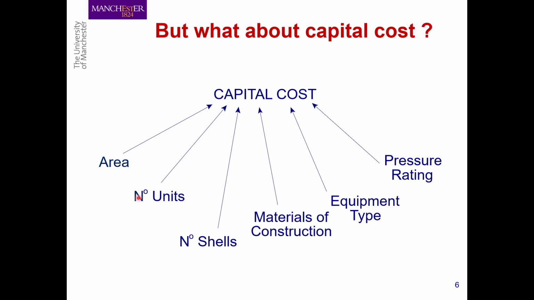So when we are talking about number of units, we are looking at, for example, how many heaters and coolers we need, and how many heat exchangers we need for the process to process heat transfer. So when we are talking about heat exchanger networks, there is a strong incentive to reduce the number of matches between hot and cold streams, or in other words, a strong incentive to reduce the number of units, because it is going to reduce the capital cost of the system.